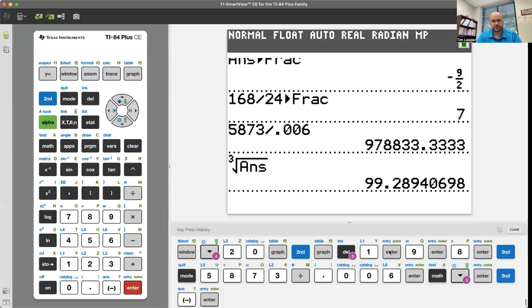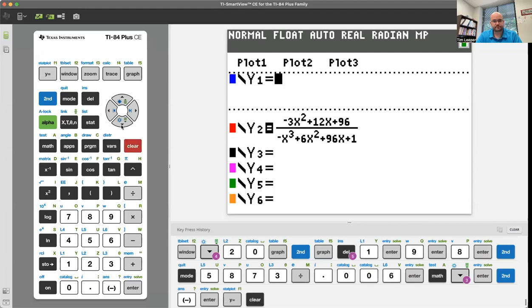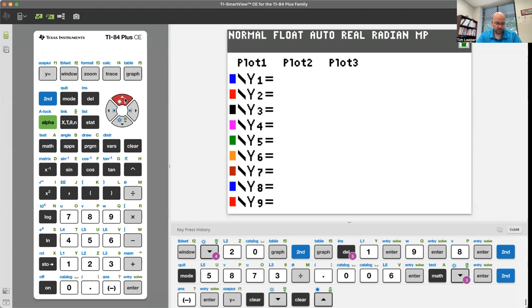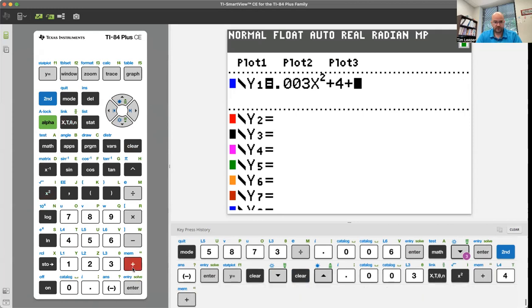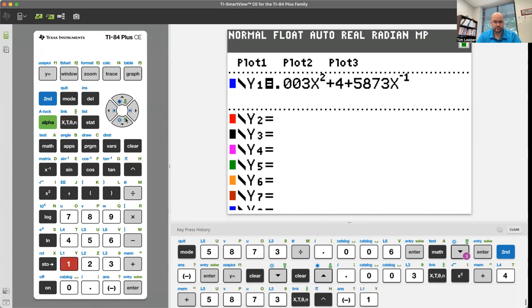So let's go to the calculator here. On y1, I'm going to type in the original average function, which is 0.003 x squared plus 4 plus 5873 x to the negative 1 power.